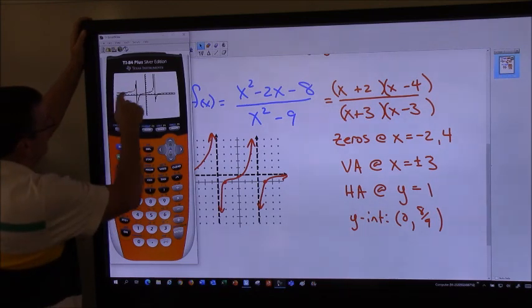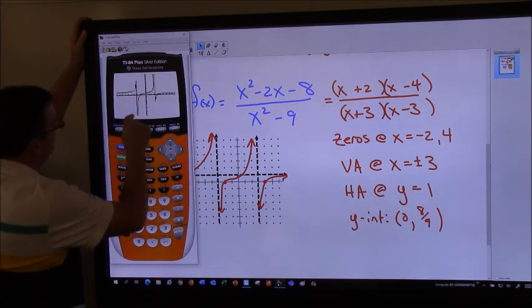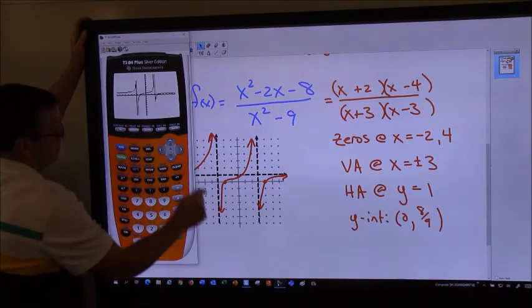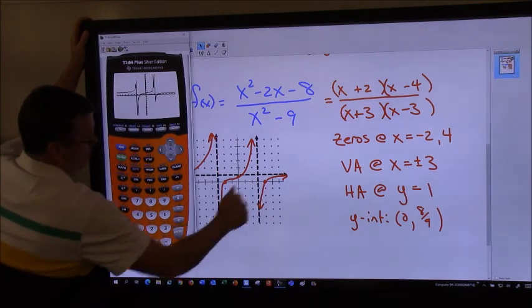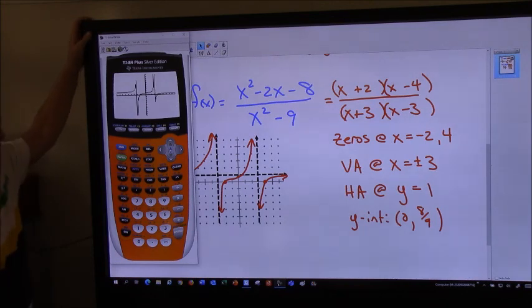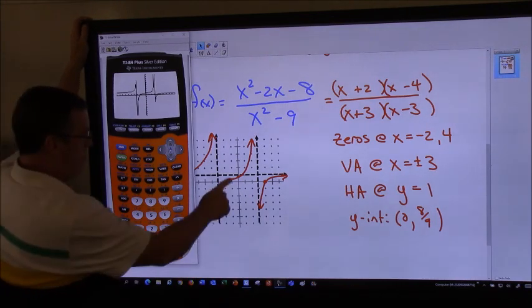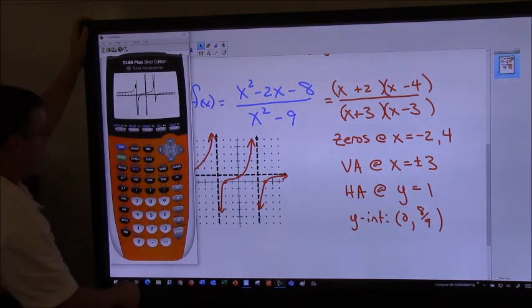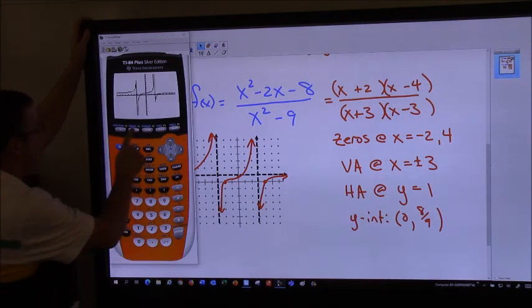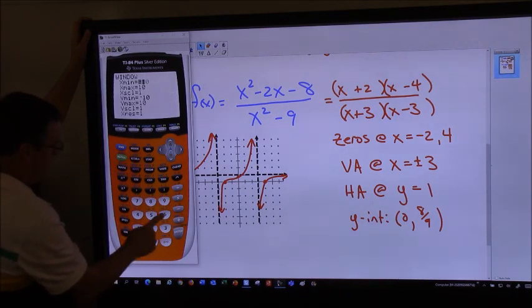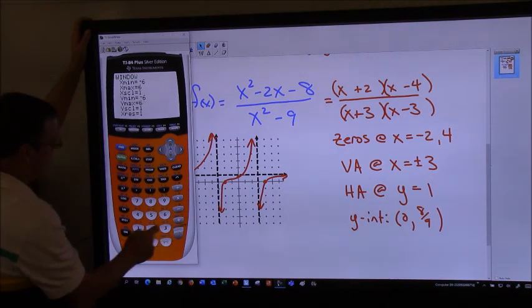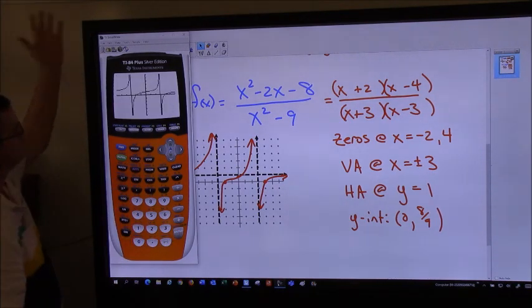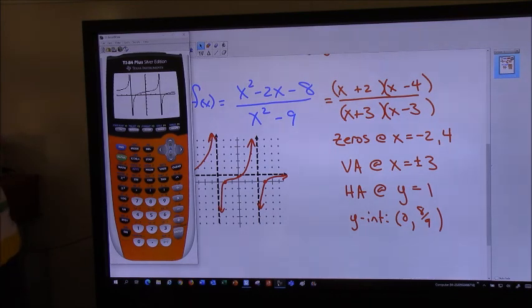But this curve is that one right there. This piece is the middle section. And this curve right here is that piece. And so it looks to me like I got things right. My window here goes from -6 to +6, so if I want to change it, I might get a little better picture. It's pretty close to the same thing.